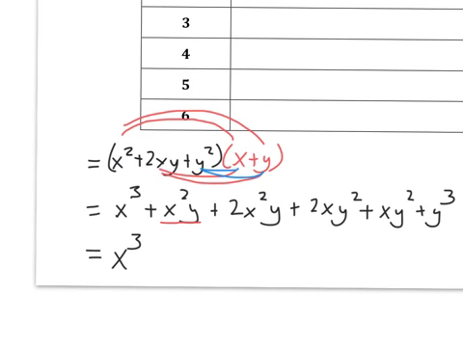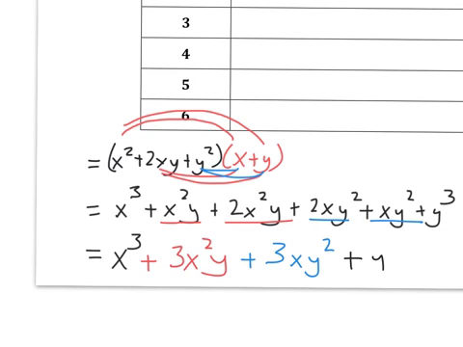Now what we can do is combine like terms. Here is an x squared y, and there's 2x squared y. So those combine to be 3x squared y. Next, I have xy squared, which coincidentally has the same coefficient, 3xy squared. And lastly, the cubic term.